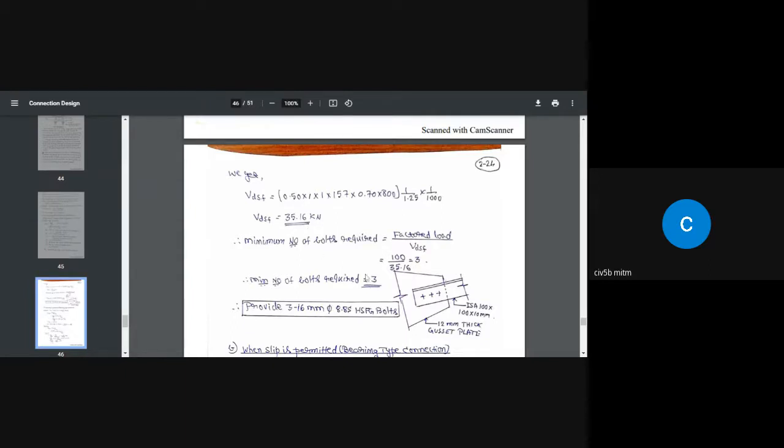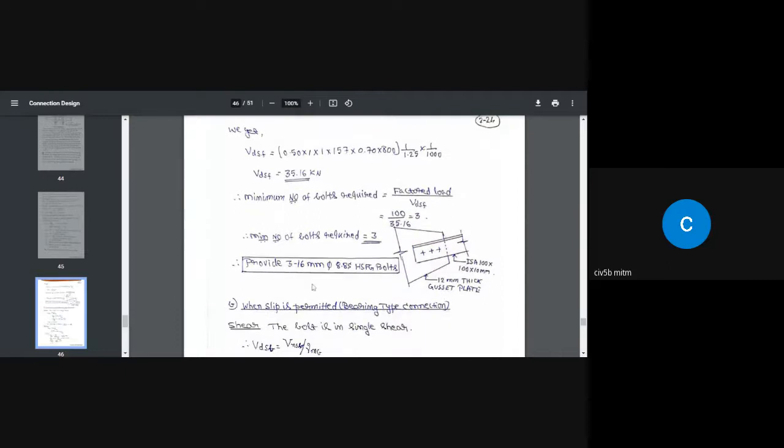So we get the number of bolts. With proper end distance, edge distance, and pitch, you can provide 3 bolts. So just provide 3 16 millimeter diameter grade 8.8 HSFG bolts. That completes the first part, part A of the problem.